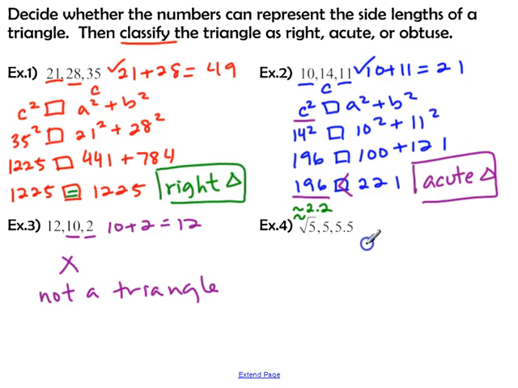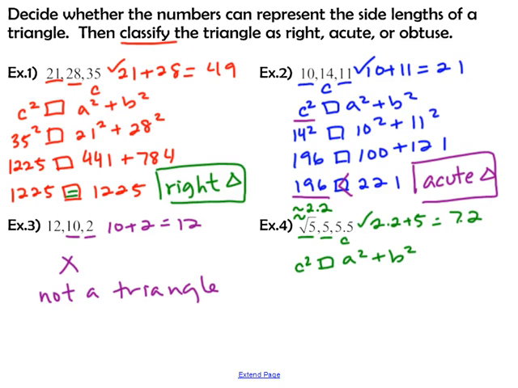We're just going to work with that because the two smallest sides would be square root of 5 and 5. So 2.2 plus 5 is equal to 7.2, and that is bigger than the third side, 5.5. So it makes a triangle. That means 5.5 is our C in our Pythagorean theorem converse.